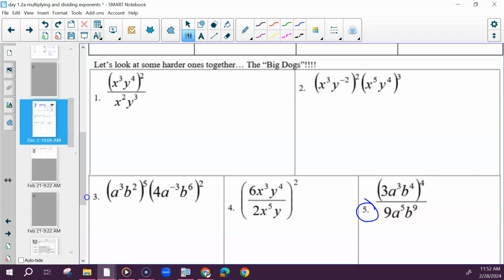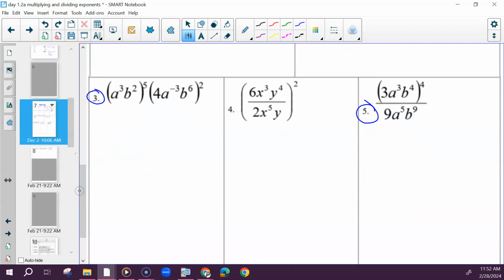Jackson. 3. So let's try both of those. So what operations do we see there? Multiplication. So we're going to add. And what about this? We will be multiplying. We're raising a power to a power. Okay. What should we do first?